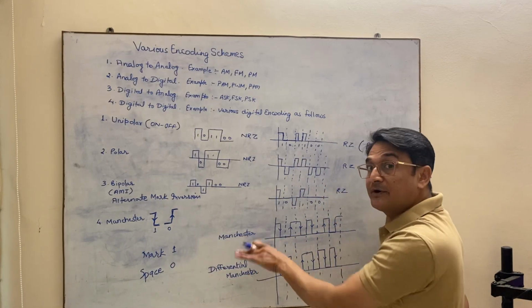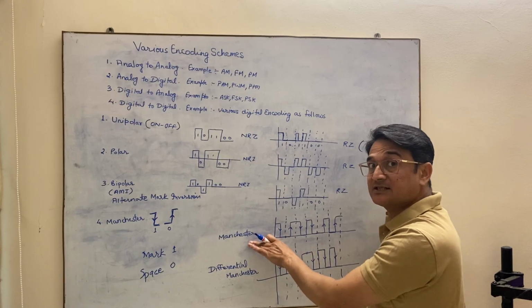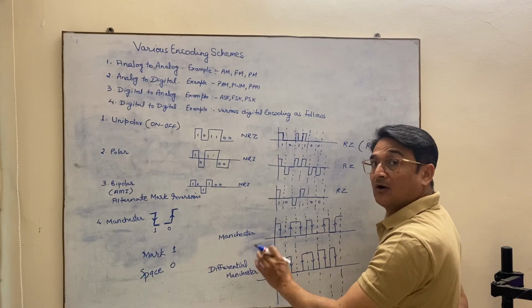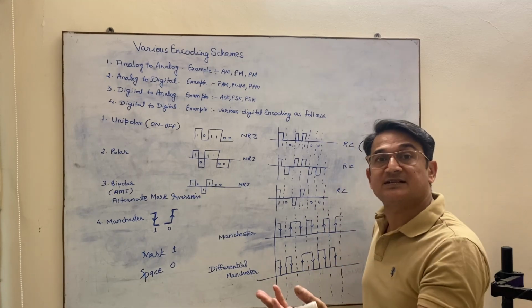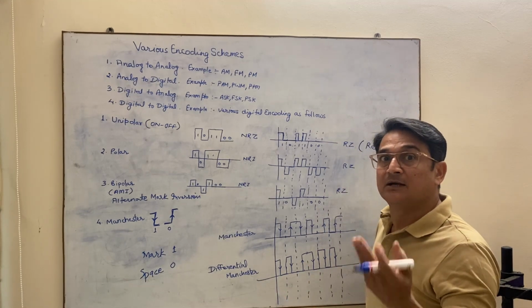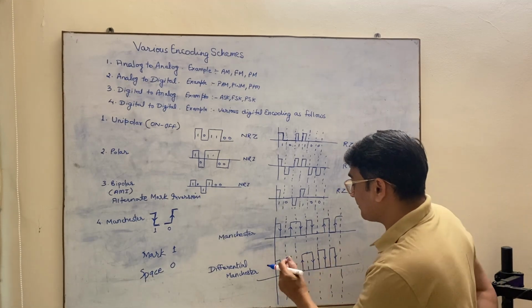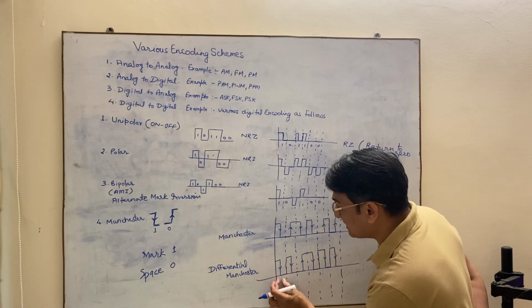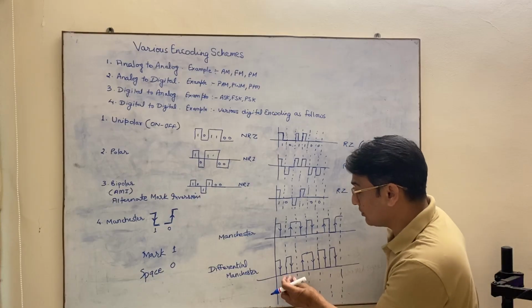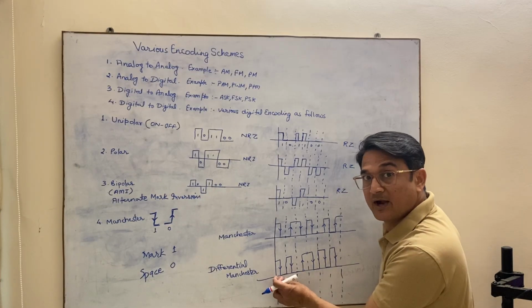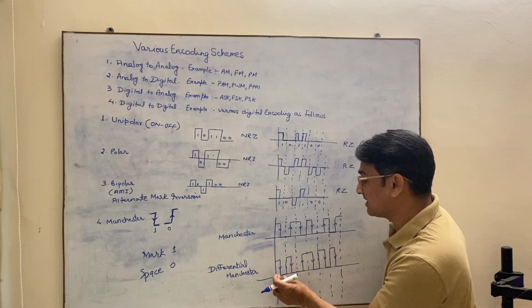Differential Manchester, how does it differ from plain Manchester? In this, always bit 0 will be represented by its previous representation, whether it is upward or downward. So suppose this is bit 1 which is represented by downward arrow, then next comes the bit 0. So it will be represented by its previous representation which is downward.